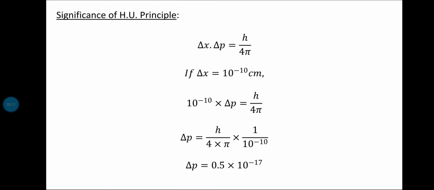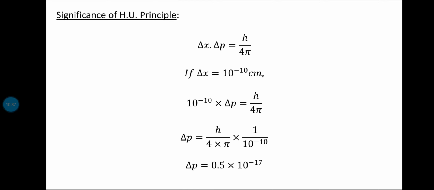So when delta x, the uncertainty in position, is 10 to the power of minus 10, the value I get for delta p is 0.5 into 10 to the power of minus 17.